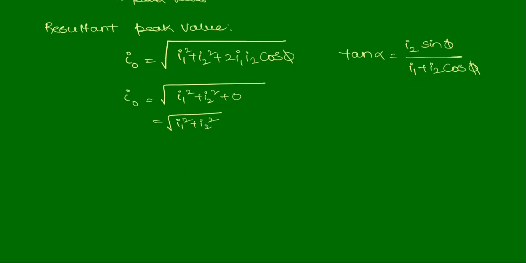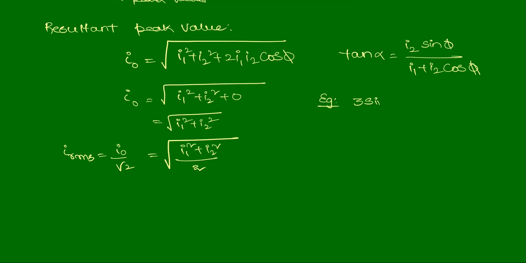If you know that value, then they may ask you about I RMS or I average. I RMS, if they ask, will be I naught by root 2, which is equal to the square root of I1 square plus I2 square by 2. So you can expect some questions like this, though I am giving this example. In the exam they may give it with numericals.